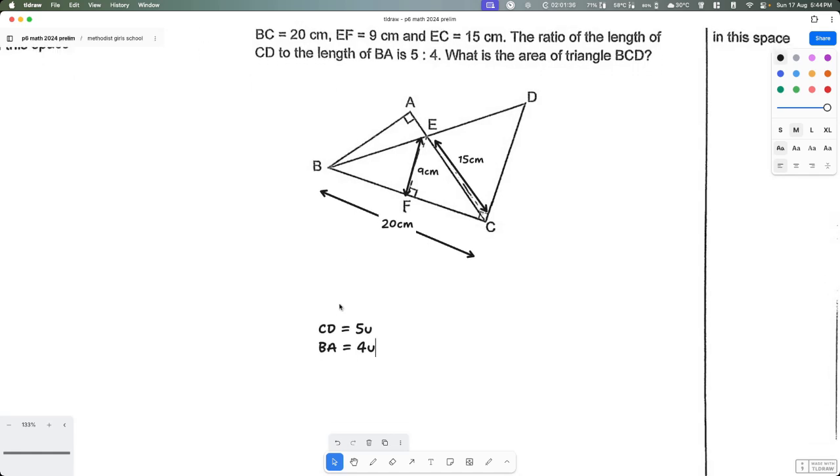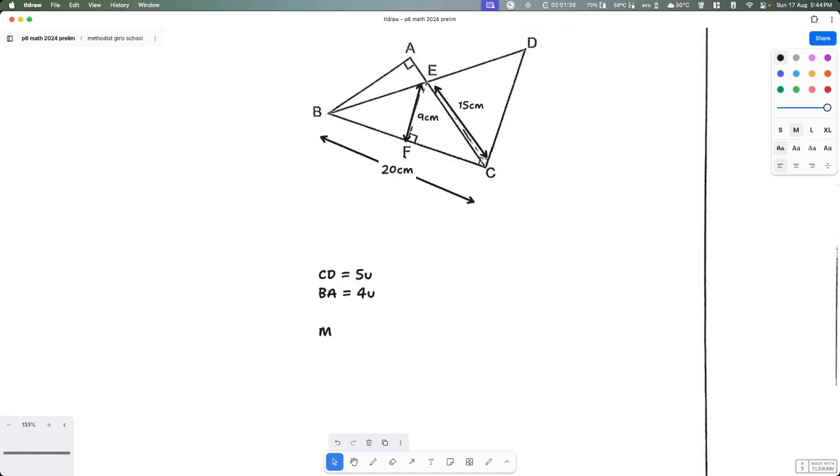So we need to get the area of BCD. BCD is equal to the area of BCD, so just put half times base times height.